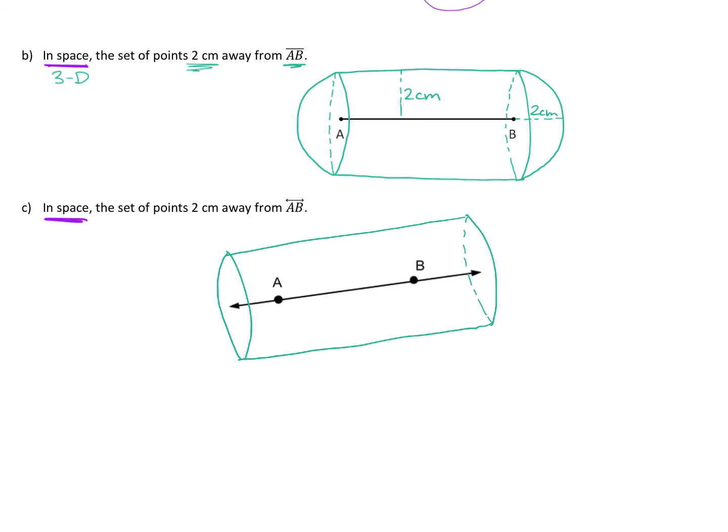And we call that good. So this is 2 centimeters or 2 centimeters. It would keep going forever, but there's just no way to draw that. So we just leave it as a cylinder. Questions on that?